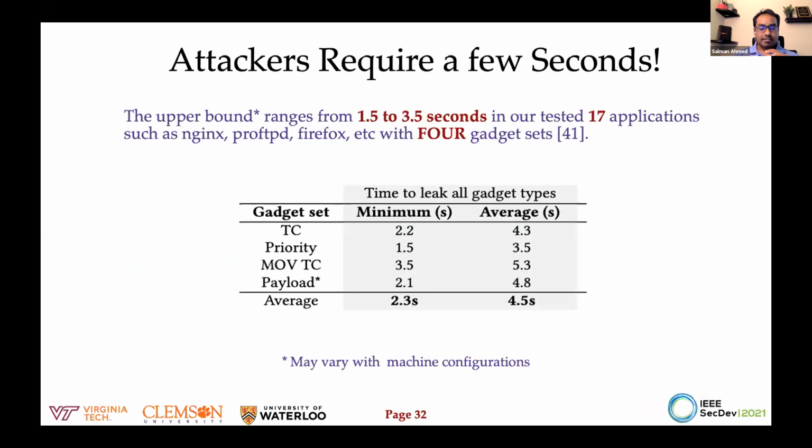So the first thing is attackers really need very little time, like a few seconds, less than 3.5 seconds, to do this exploration. And to do this, we have used different kinds of gadget sets, which underestimate the attacker's capabilities, because sometimes attackers need just a few things to complete their exploit.